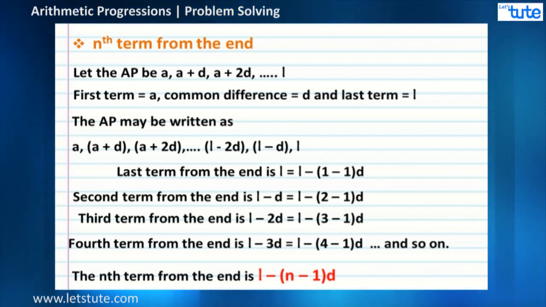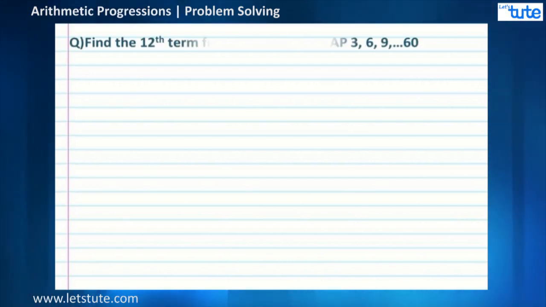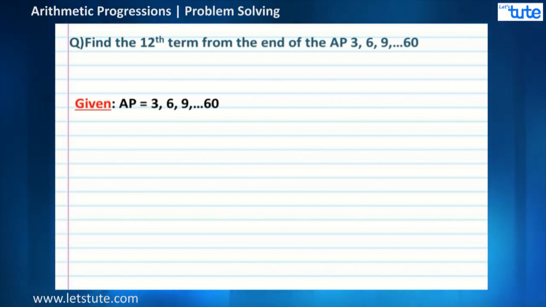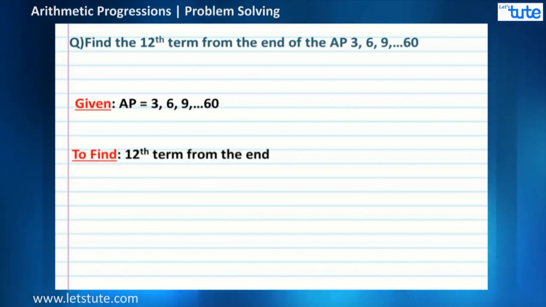So finally the last clue. Find the 12th term from the end of the AP 3, 6, 9 and so on up to 60. In this question we have been given an AP which is 3, 6, 9 and so on up to 60. We need to find out the 12th term from the end.